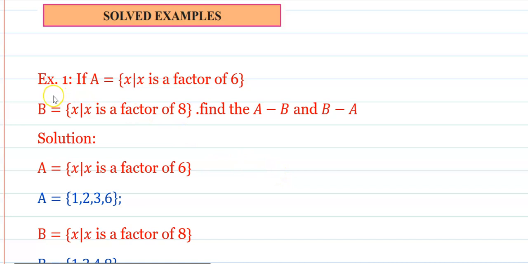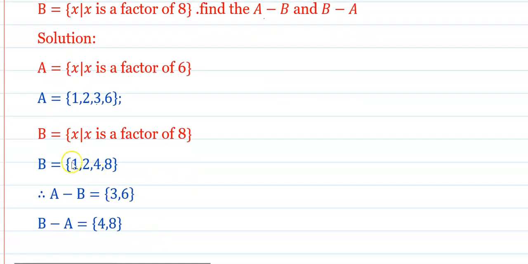The first example: if A is equal to the set of X such that X is a factor of 6, B is equal to the set of X such that X is a factor of 8, then find A minus B and B minus A. First, factors of 6 are the elements which divide 6. What are they? 1, 2, 3, 6.